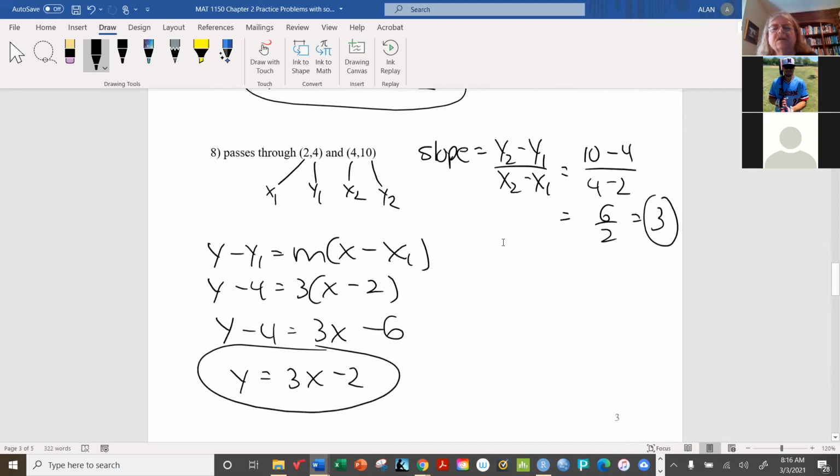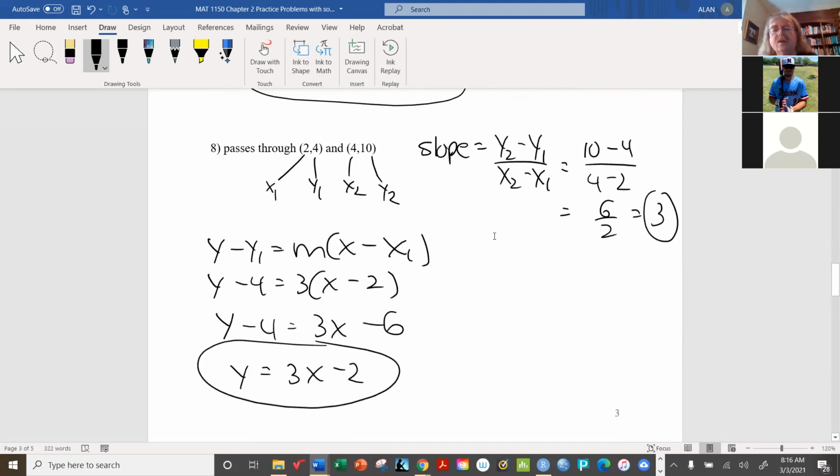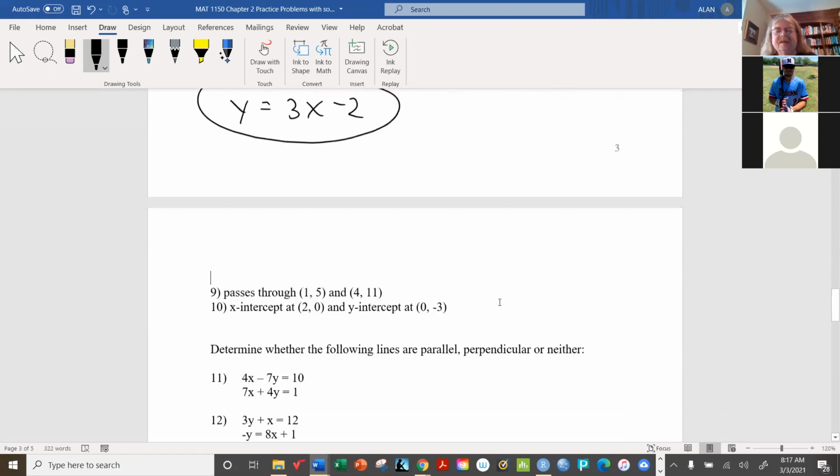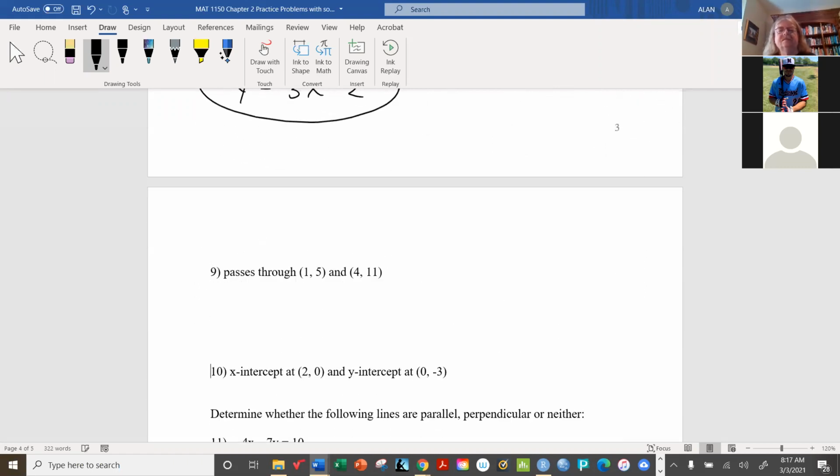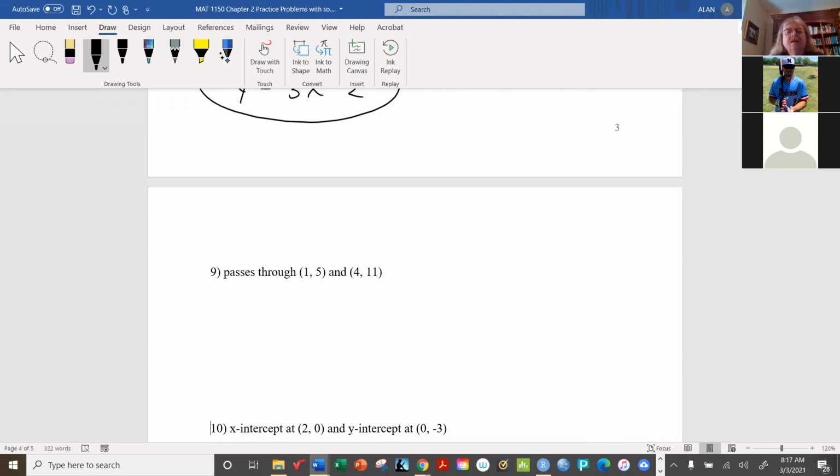All right, now the next one is exactly the same. It just gives us the 2 points. And let's see what we can do with that. Okay, right here. So we can think of this as x1 and y1, x2 and y2.